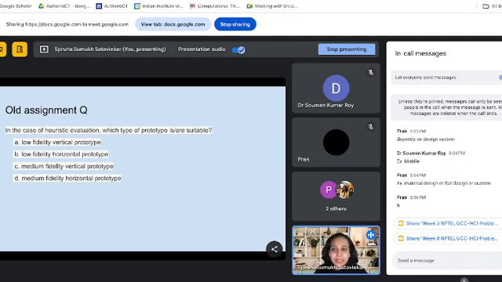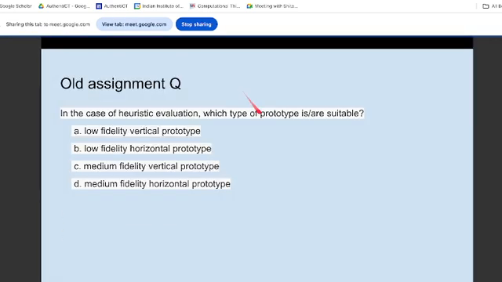So B is the correct answer: low fidelity horizontal prototype, where the complex system is completely visible to the user. Now, the key point from the exam point of view is how I prepare. I see that there are two questions, right?